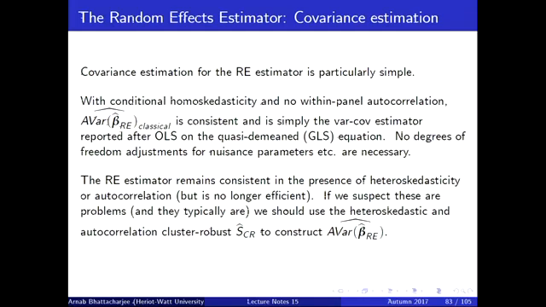What happens if you have heteroscedasticity or autocorrelation? Then a random effects estimator is consistent but is no longer efficient. If you suspect that either of these conditions is true, then we should be using a heteroscedasticity and autocorrelation consistent covariance matrix. But now we sort of start landing in no man's land, right?